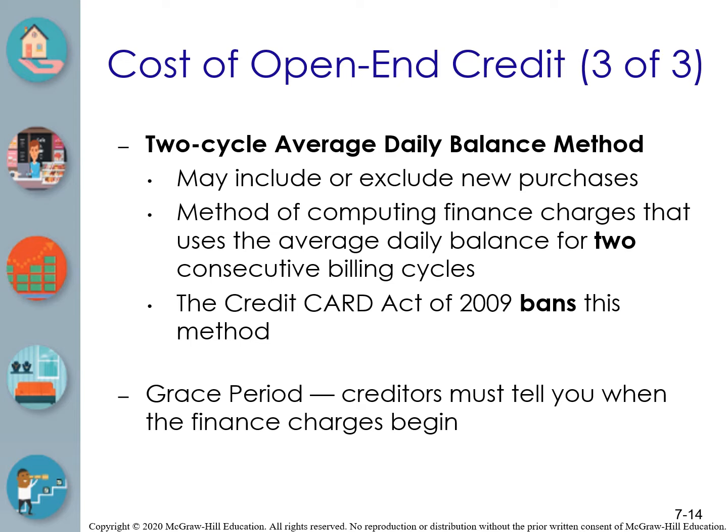So the 2-cycle average daily balance method could include or exclude new purchases. It's a method of computing finance charges. It uses the average daily balance for 2 consecutive billing cycles, and this is something that was banned in the Credit Card Act of 2009.